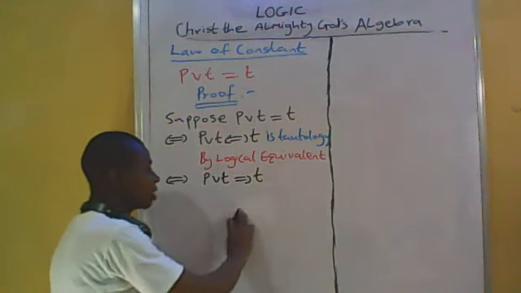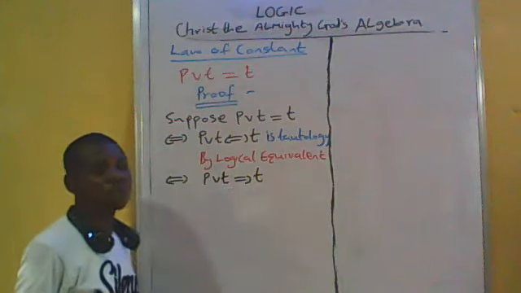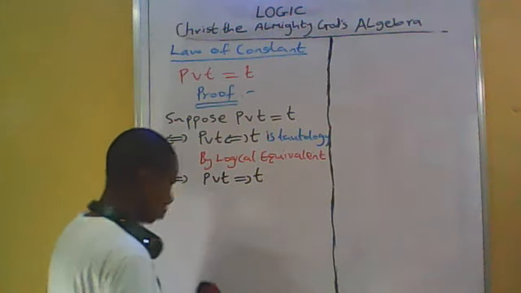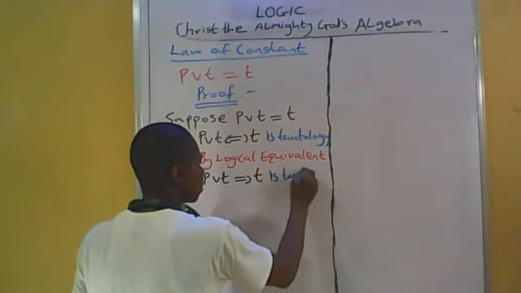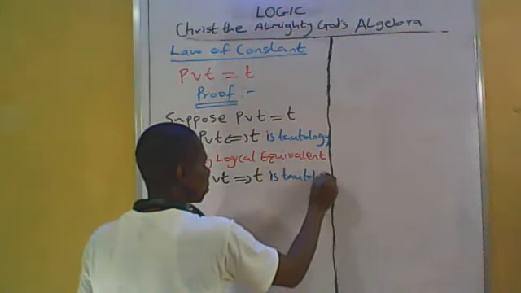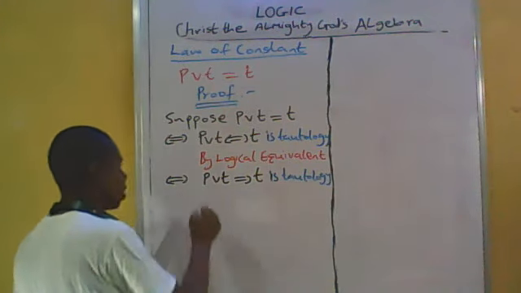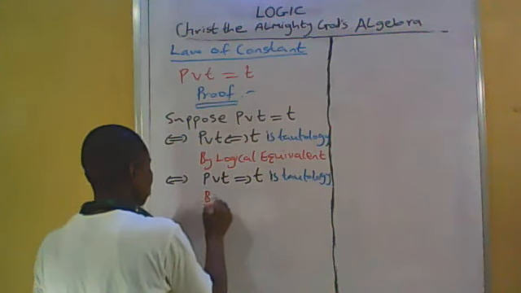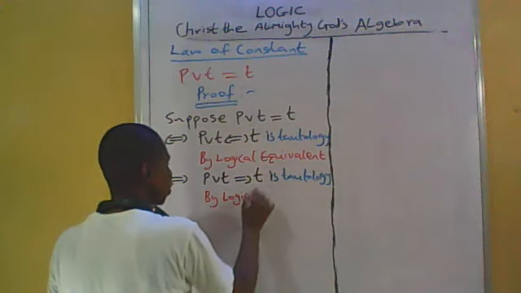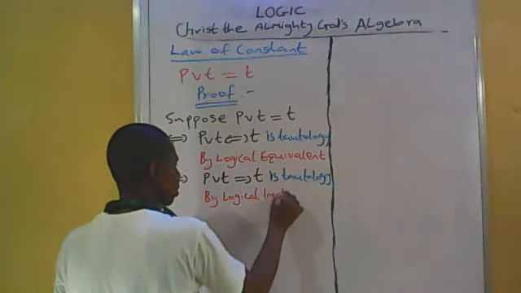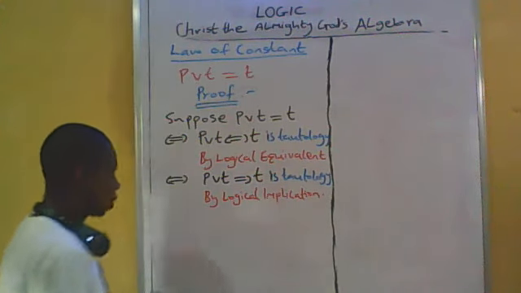So the statement that was always truth, we say the statement is tautology, being justified by logical implication.